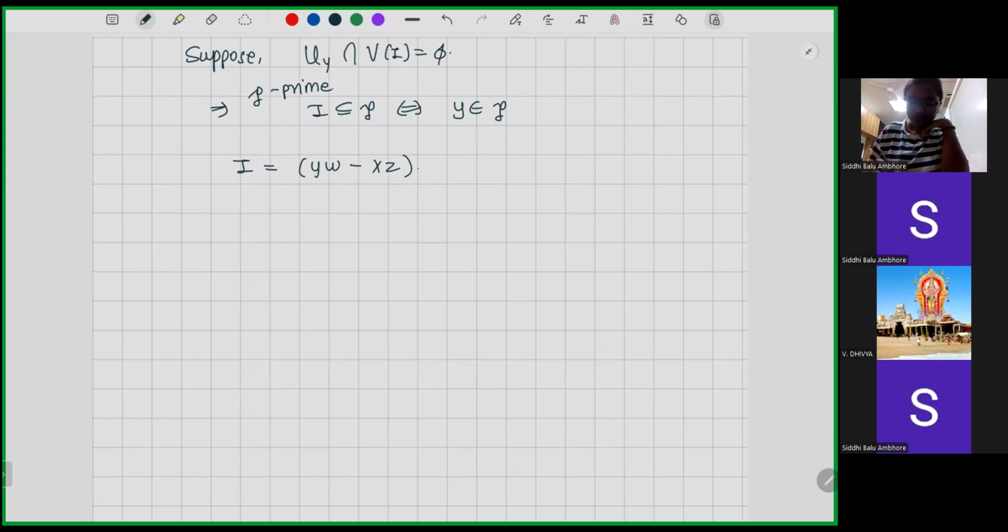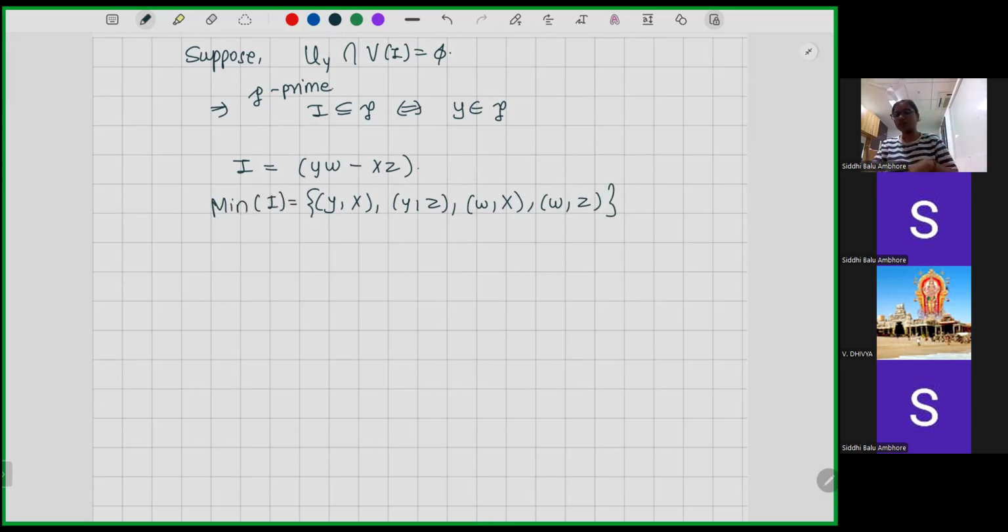The minimal primes of this ideal are (y, x), (y, z), (w, x), (w, z). You can check this. These are the minimal primes of this ideal I, because no proper prime ideal other than these will contain it, and this you can check.